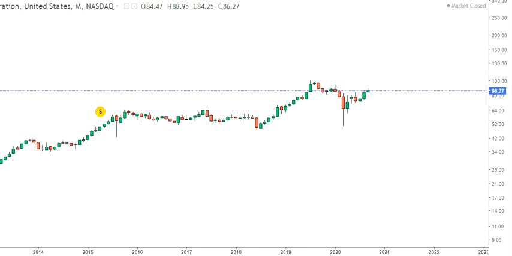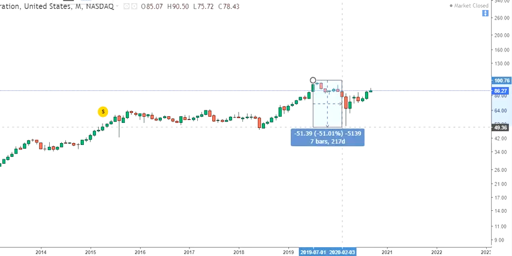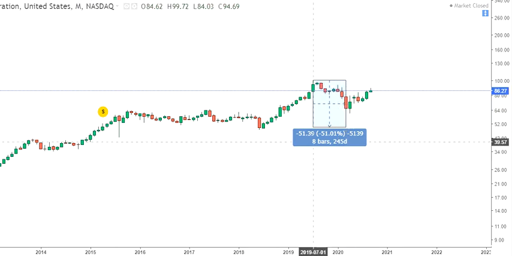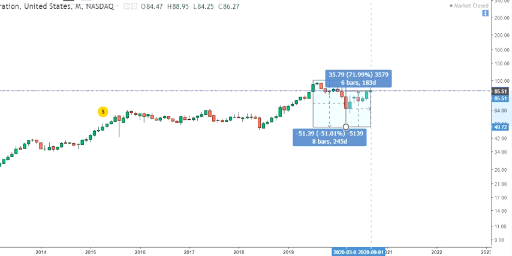Though the fall was very sharp, in a span of 6 or 8 months you can see there is a 50% drop, and from the lows of March 2020 the stock has risen by 74%.